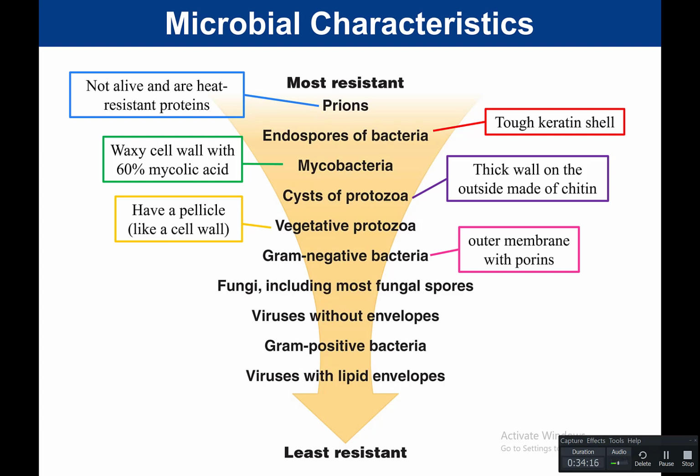You might recall that in the table that we just looked at, we saw that gram-negative was much more resistant than gram-positive, because the gram-negative bacteria have that outer membrane with those porins in it. For our fungi, including fungal spores, those have some resistance because, again, they have a cell wall made of chitin. It's a tough structural protein.